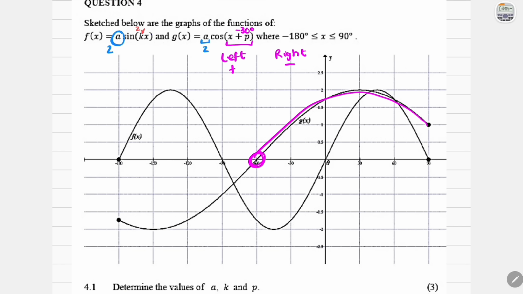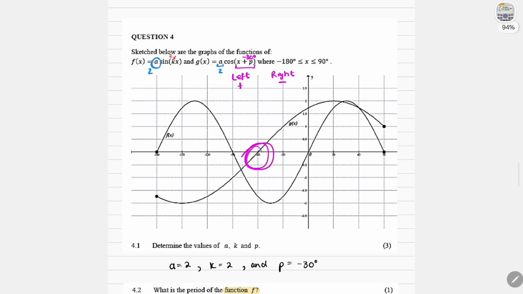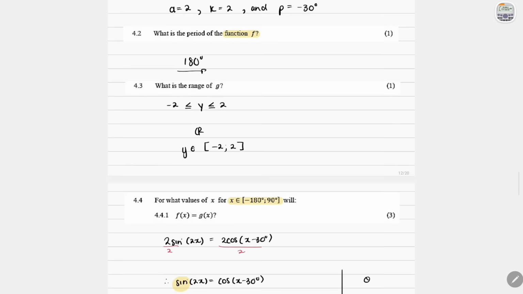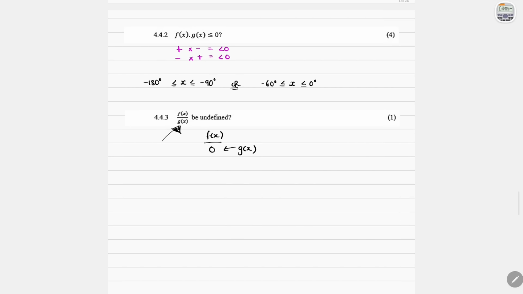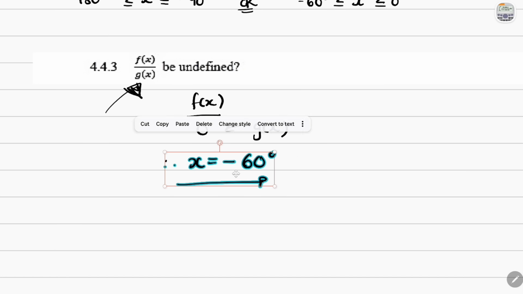And then once it hits the x-axis, that is where it has a y value of 0. Because this point over here is negative 60 degrees and 0. That is the y value. So we can see it only happens once. It only hits the x-axis at negative 60 degrees. This is where this will be undefined. So this is specifically at x is equal to negative 60 degrees. And that is our answer.